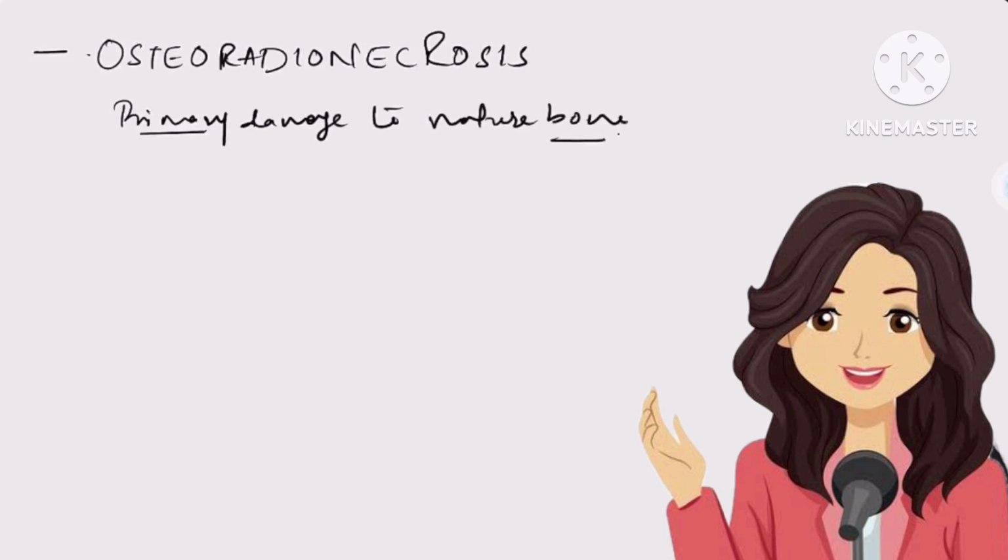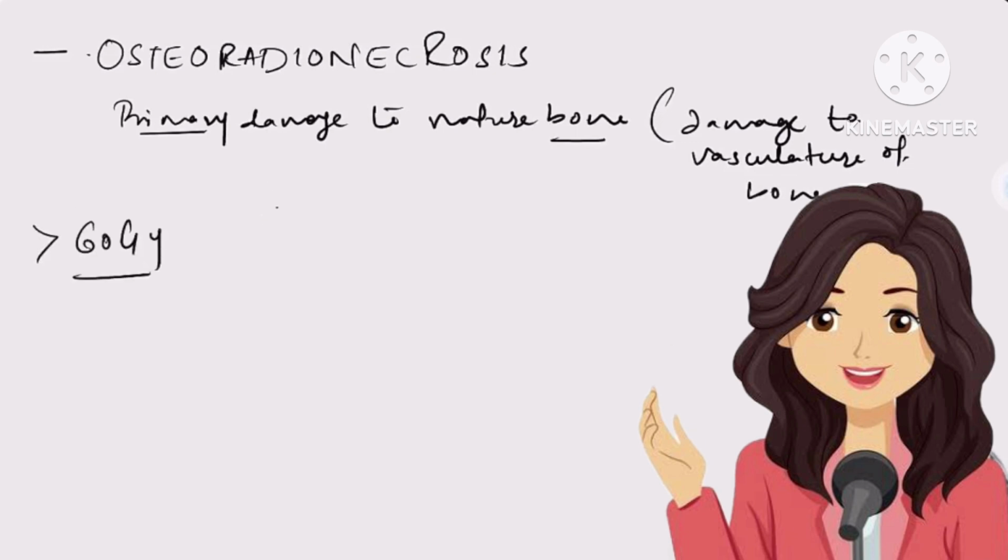Okay, how this happens is damage to vasculature of bone. Okay, so if high dose greater than 60 we give, it does affect blood vessels. Okay, there is decreased blood supply.